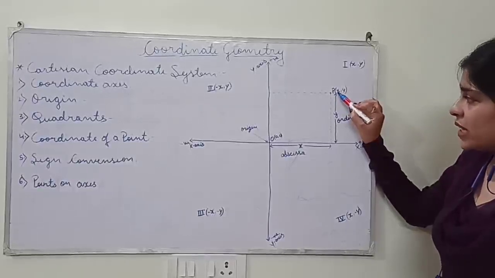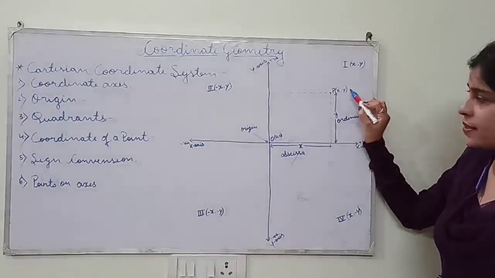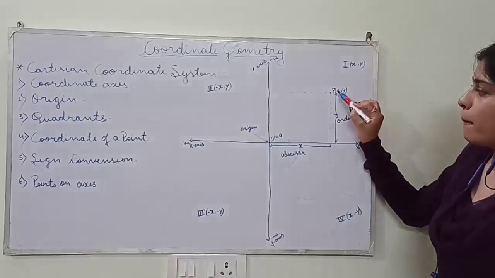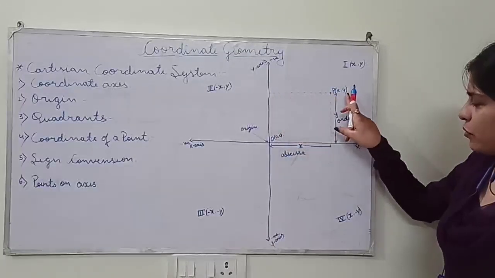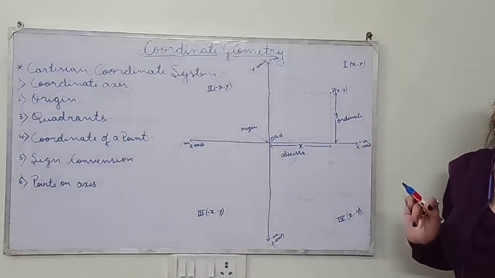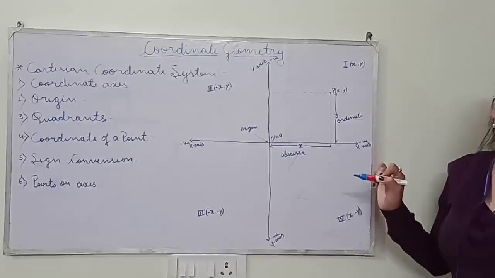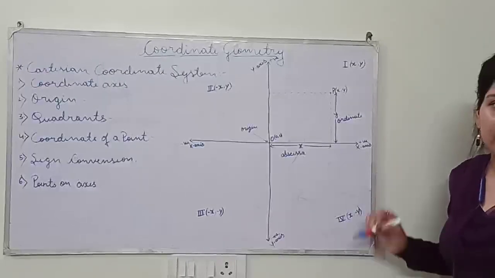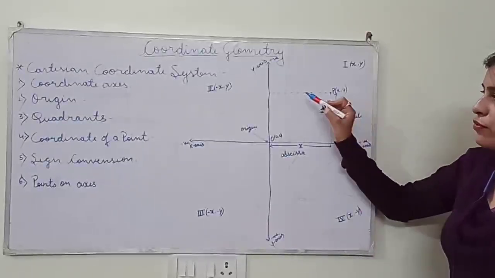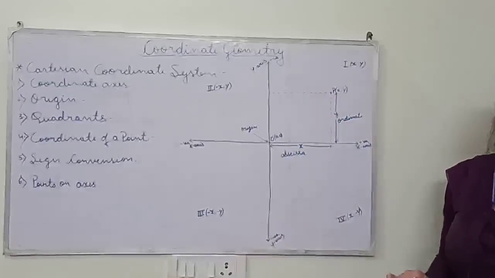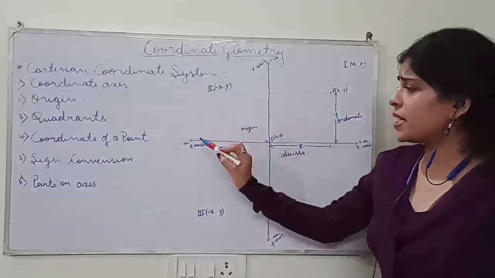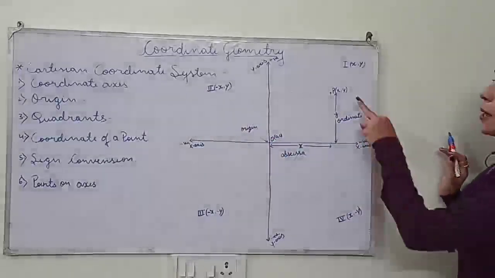Point P has coordinates x and y. x is the perpendicular distance of point P from the y-axis, and y is the perpendicular distance of point P from the x-axis. So the coordinate of a point tells us about the location of the point from the x-axis and y-axis. Understood? These are the coordinates. And see, we are writing here the coordinates of a point as P(x, y).